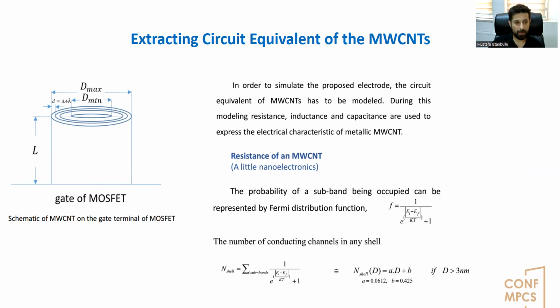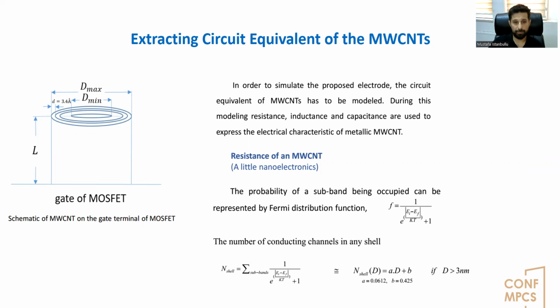The number of occupied subbands in a carbon nanotube by electrons making a contribution to conduction is dependent on the chirality of the carbon nanotube.